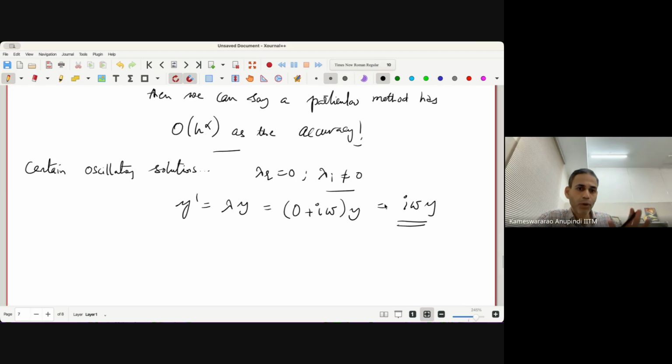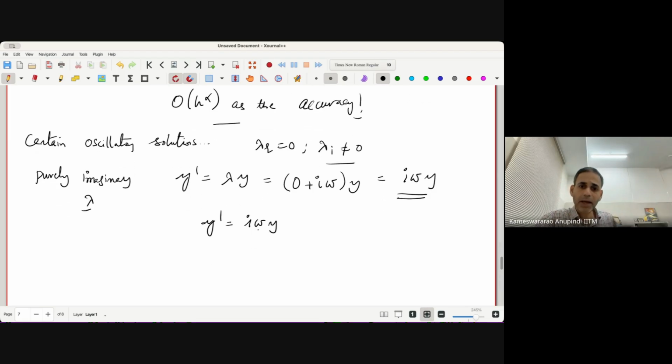So I have only purely imaginary lambda. This is very typical of problems like spring mass damper systems or spring mass systems and any other oscillatory problems. They will have only purely imaginary lambda.